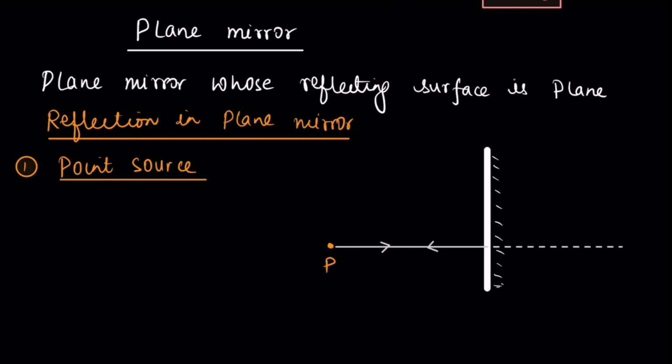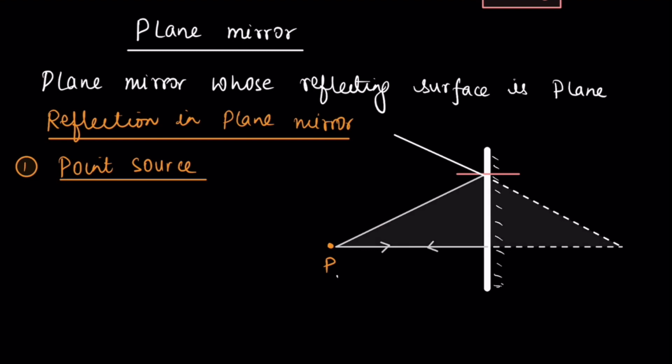Similarly, we take another ray. This is our other ray. Here we can make a normal, so we can follow the law. It will reflect, and then its reflected ray follows a path like this.